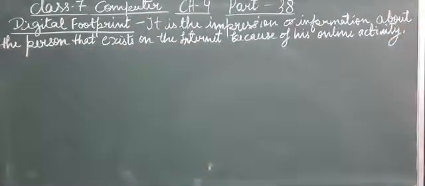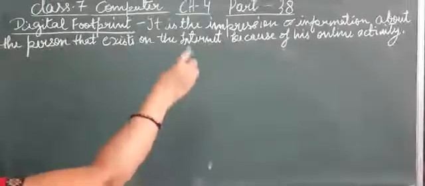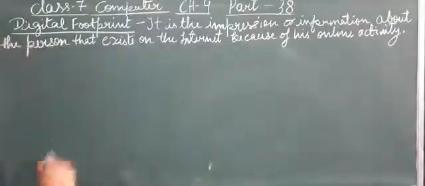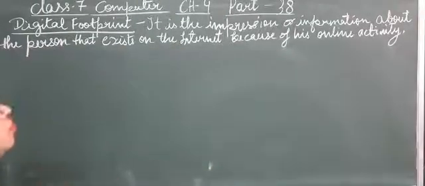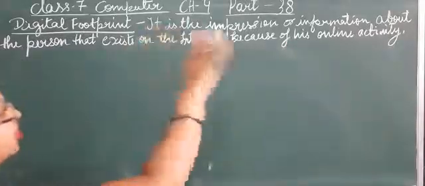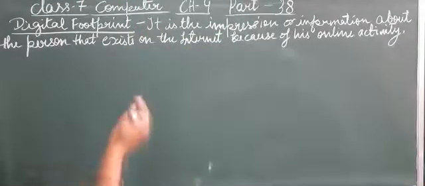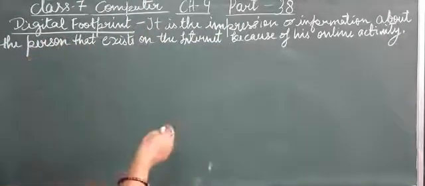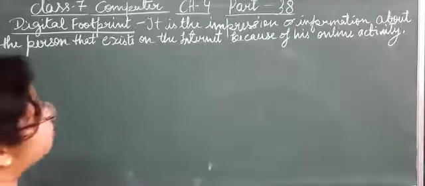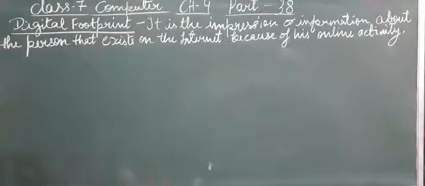What is digital footprint? It is the impression or information about any particular person that exists on the internet because of his online activity. Whatever activity is done by a person through the internet comes under the digital footprint. It is a piece of information or any type of impression that exists on the internet.